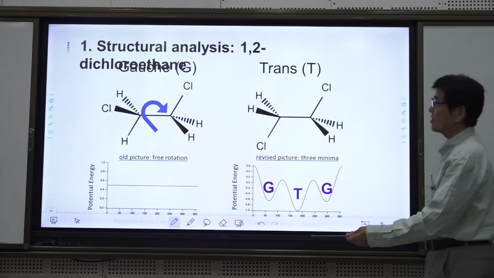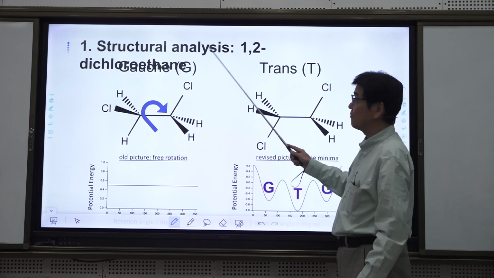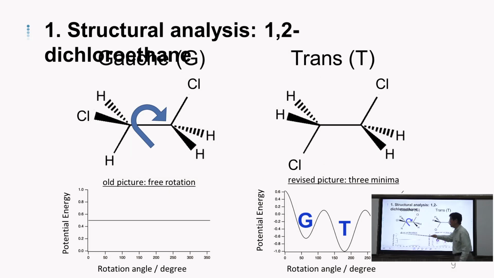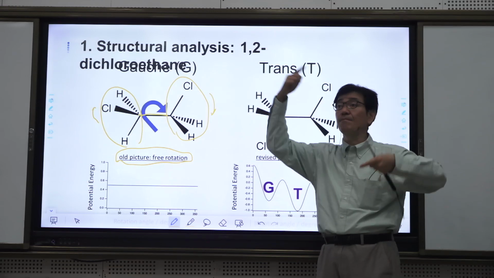Okay, from this result, they excluded the possibility of a free rotation picture, that the potential energy does not change along with the rotation along the CC axis. So this group rotates. This group rotates. It was considered it happens freely.